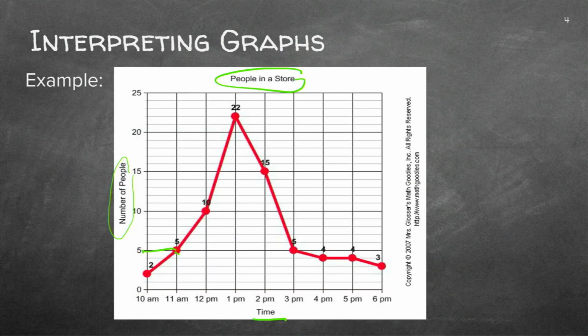The vertical axis always gives us the dependent variable, and the horizontal axis, the independent variable. And you'll also often see that the title of the graph will correspond directly to the label of the vertical axis. You'll see as we go along.